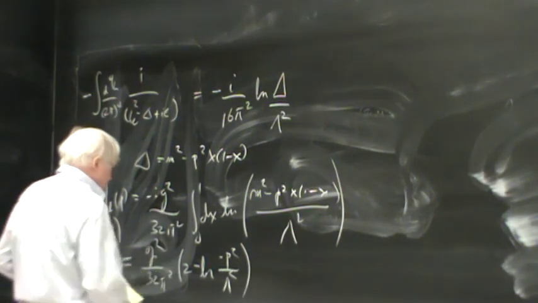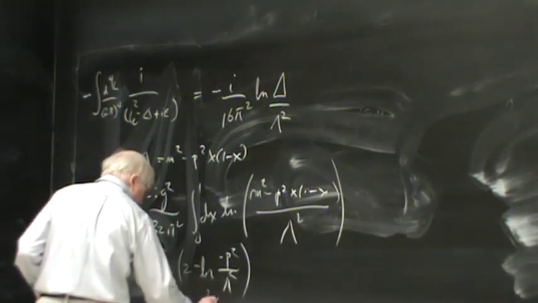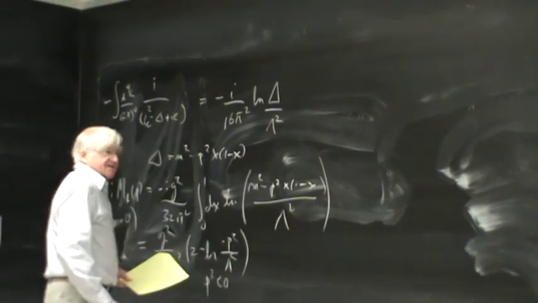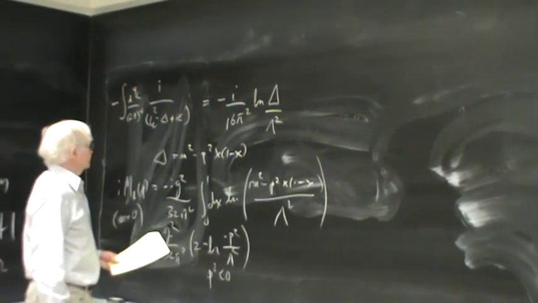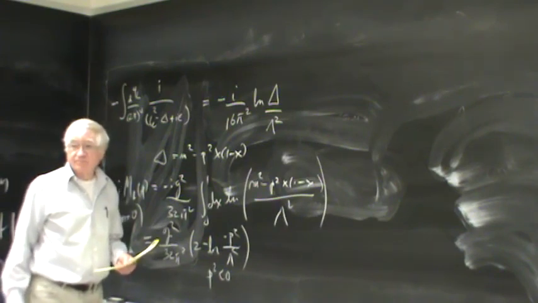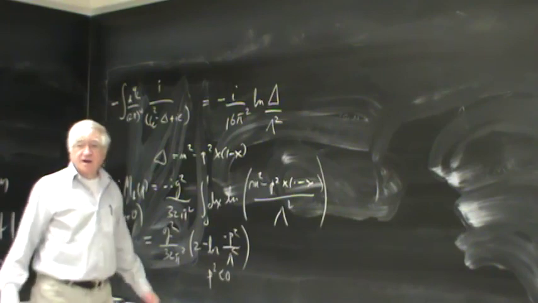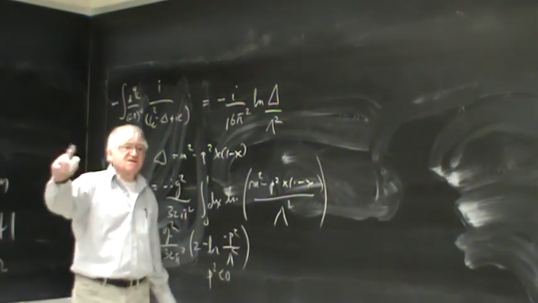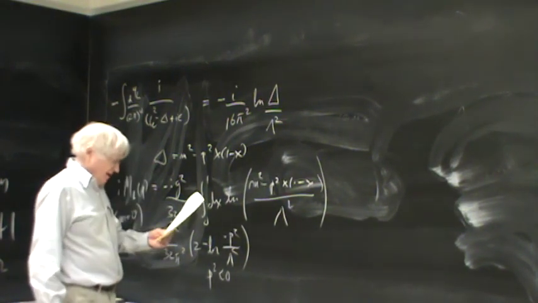And we're imagining that p squared is less than 0, which is a little bit bizarre, but we said p squared was off mass shell anyway.